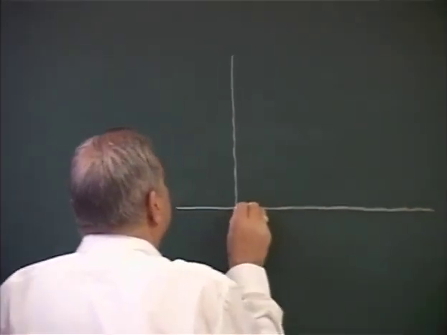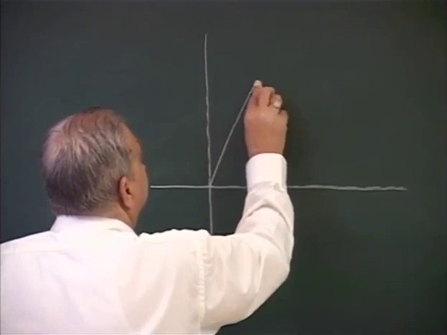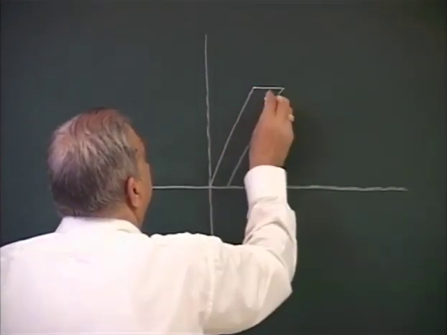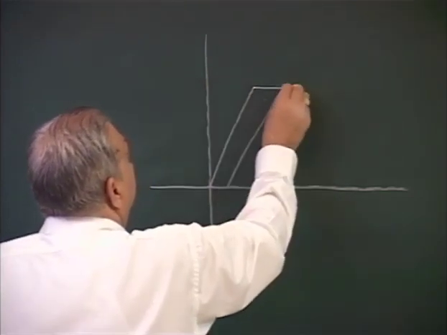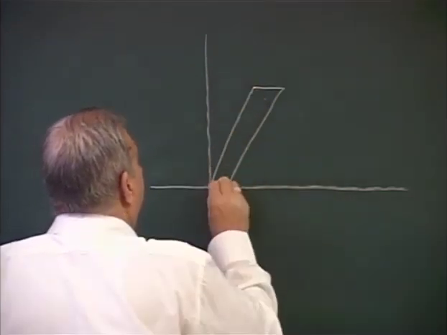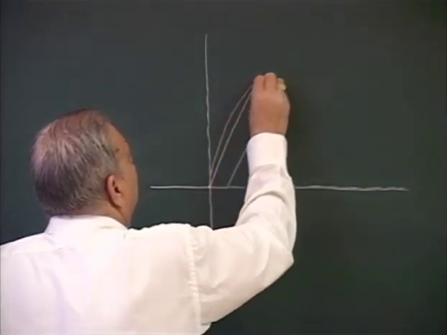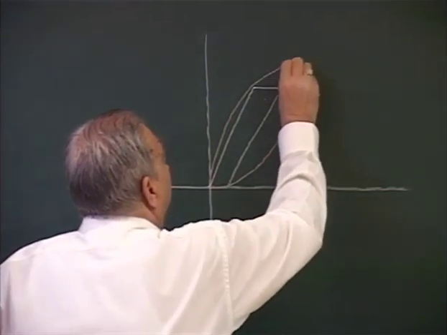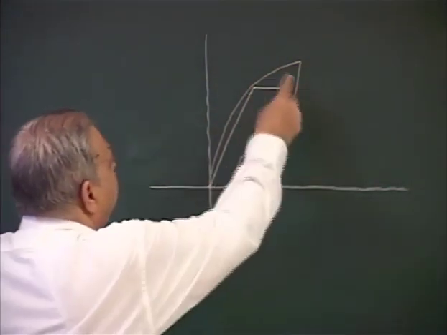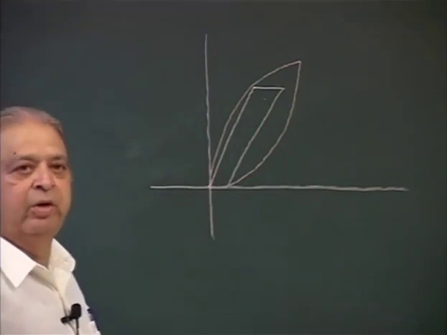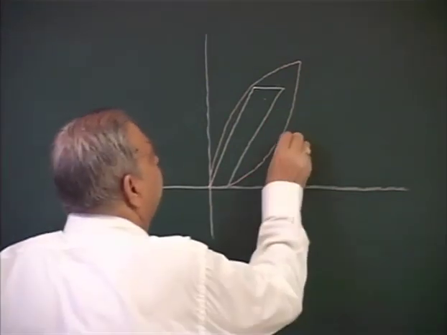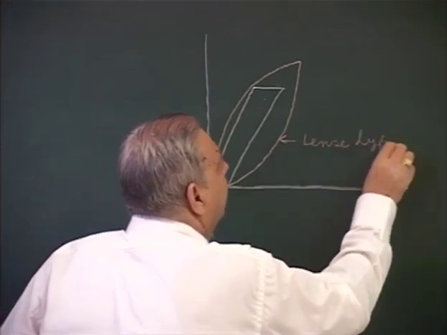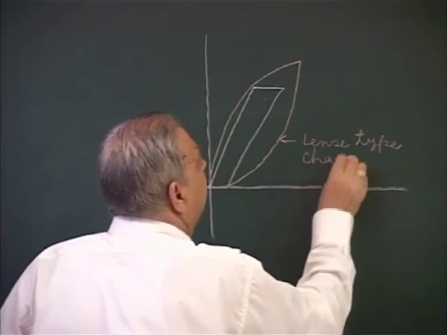Now further, to have a snug fit to the fault area, we can have two circles intersecting each other by making use of two relays, and so this is called a lens type characteristic.